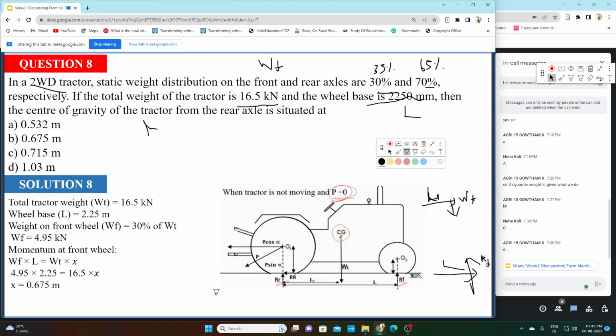So we can say RF into capital L equals WT into X, or L1. According to this diagram, this is L1. So by this we can find X, or L1. So X is coming 0.675 meter. So is this clear?